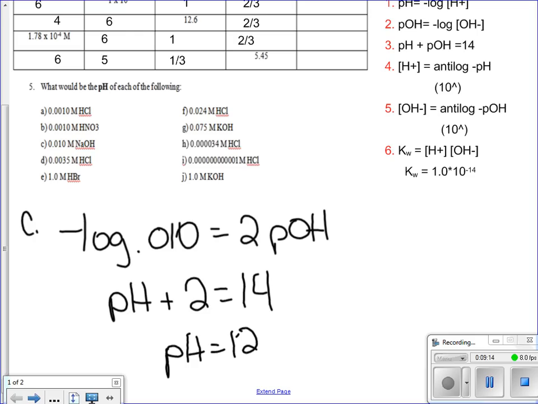And this should make sense because NaOH is a strong base. It should have a pH somewhere between 7 and 14, and since it's a strong base, it should be pretty close to 14. So 12 is a good value to represent pH for letter C. So make sure on the ones that are a base that you actually calculate its pH and not its pOH.